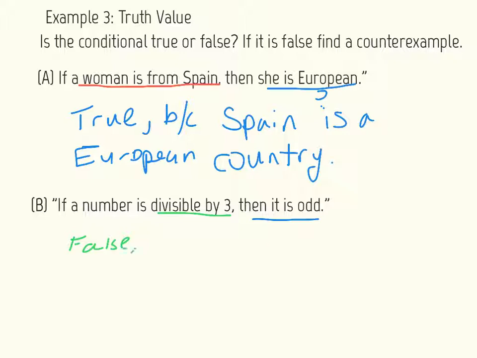So this one is actually false because a counterexample could be if we take 30 and we divide that by 3, we get 10, so that means 30 is divisible by 3. However, 30 is not odd.